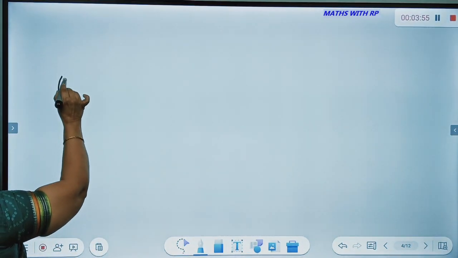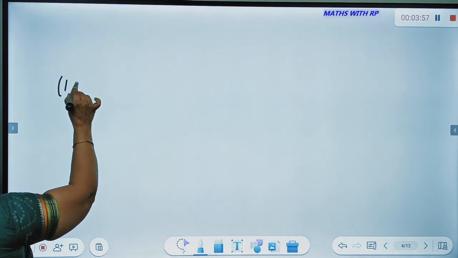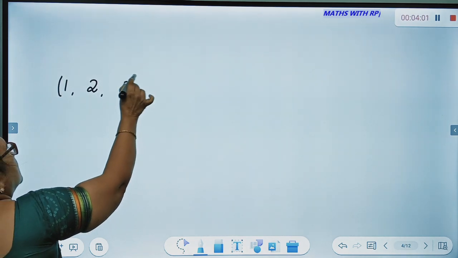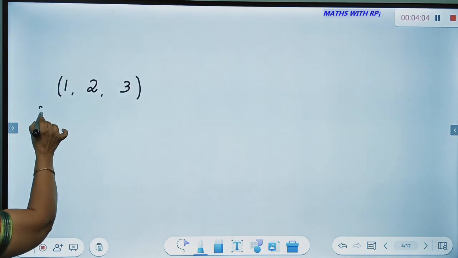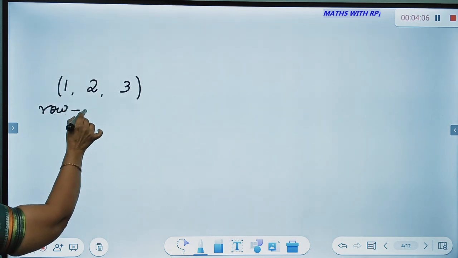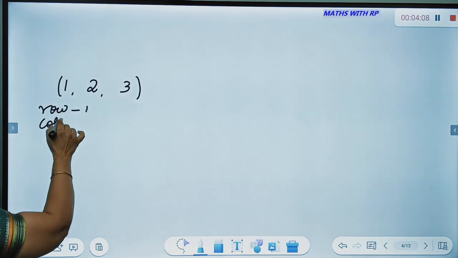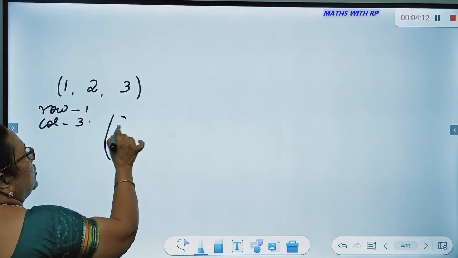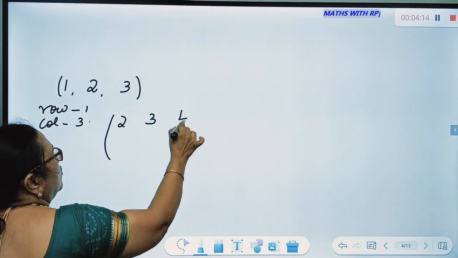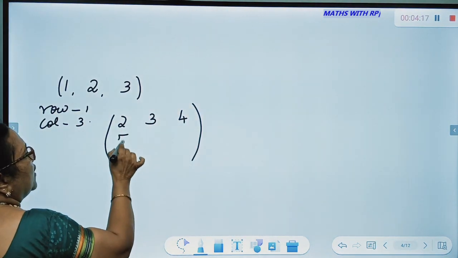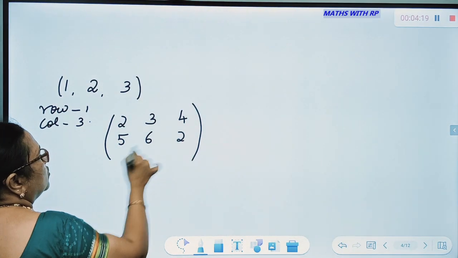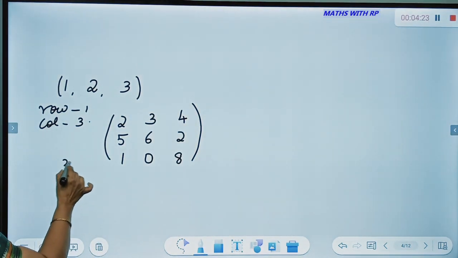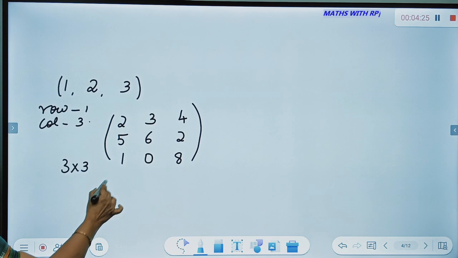So if I have a matrix like this, how many rows does it have? Row is 1, column is 3. If I have 2, 3, 4, 5, 6, 2, 1, 0, 8, it has got 3 rows and 3 columns.